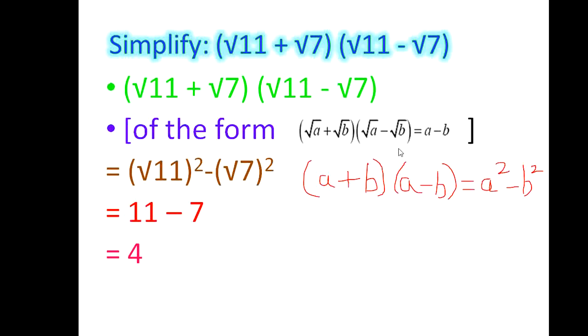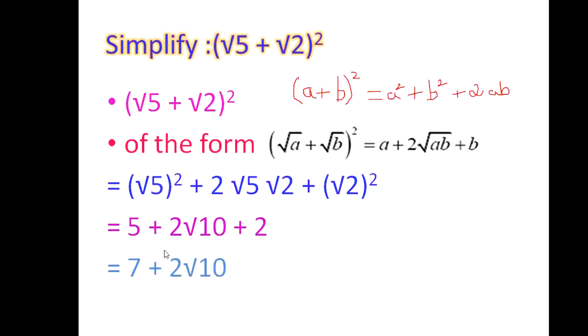For that sake only these identities are studied. So after solving, 11 minus 7 is equal to 4. Simplify means you have to make use of the identity and you can simplify it to the answer. Then the next example is square root of 5 plus square root of 2 the whole square.